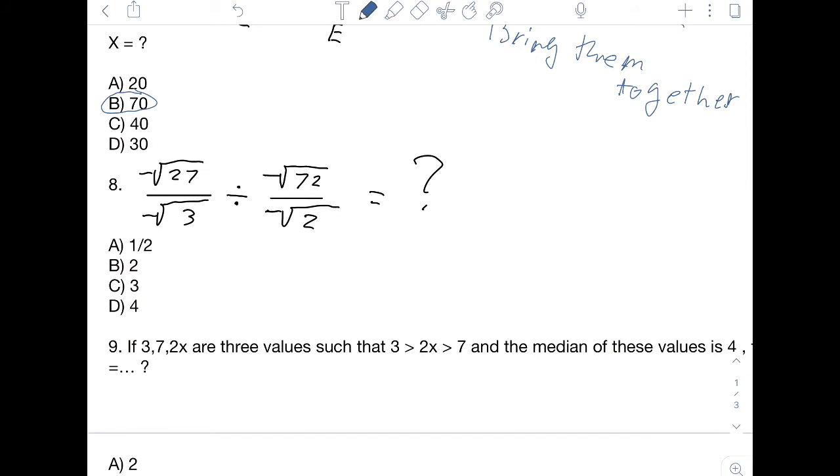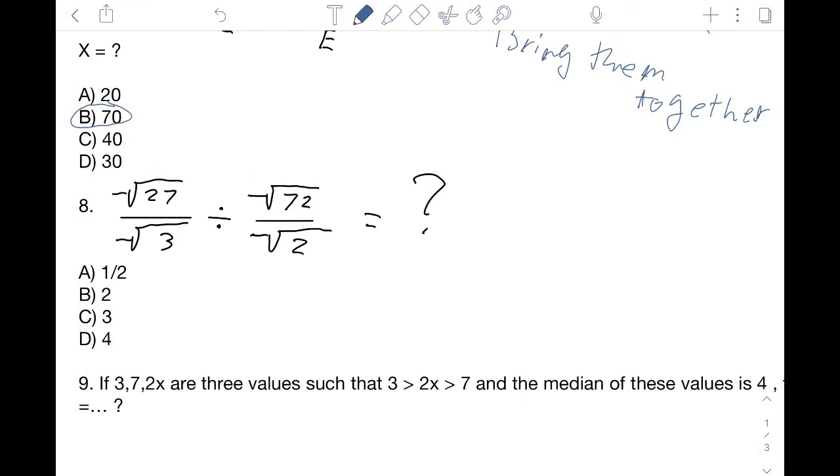Now we move on to question 8, right? You have the root of 72 over the root of 2, divided by the root of 27 over the root of 3, and so on. Okay, well this thing looks insane, right? Roots and fractions, and it's all messy. Let's begin by simplifying it.